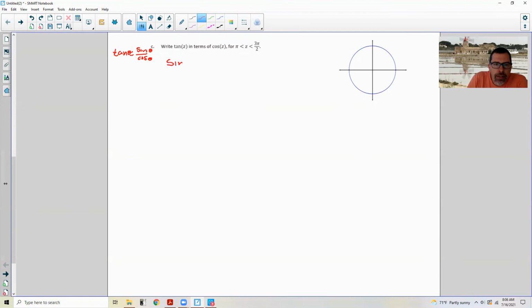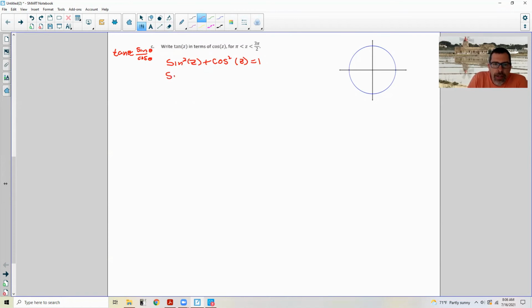So if I say that sine squared z plus cosine squared z equals 1, I need to solve for sine to get it in terms of cosine. So I'm going to subtract cosine squared over to the other side.